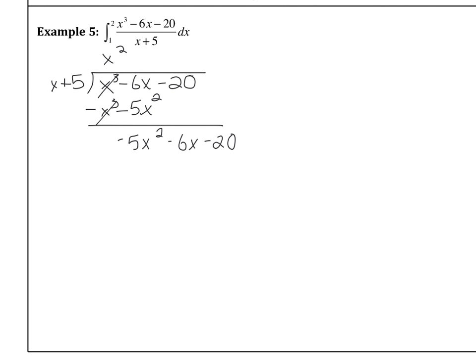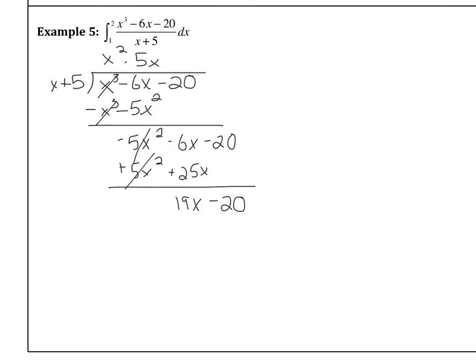We can say x goes into negative 5x squared, negative 5x times, then multiply. So we would get negative 5x squared down here. And then that's going to be negative 25x. Draw the line, change the sign, then combine. This will give us a positive 19x. Cancel, cancel.